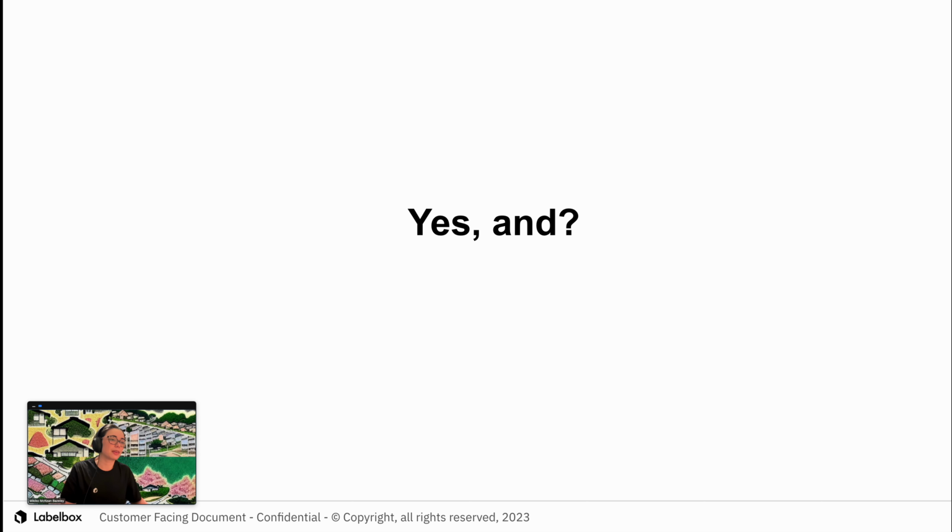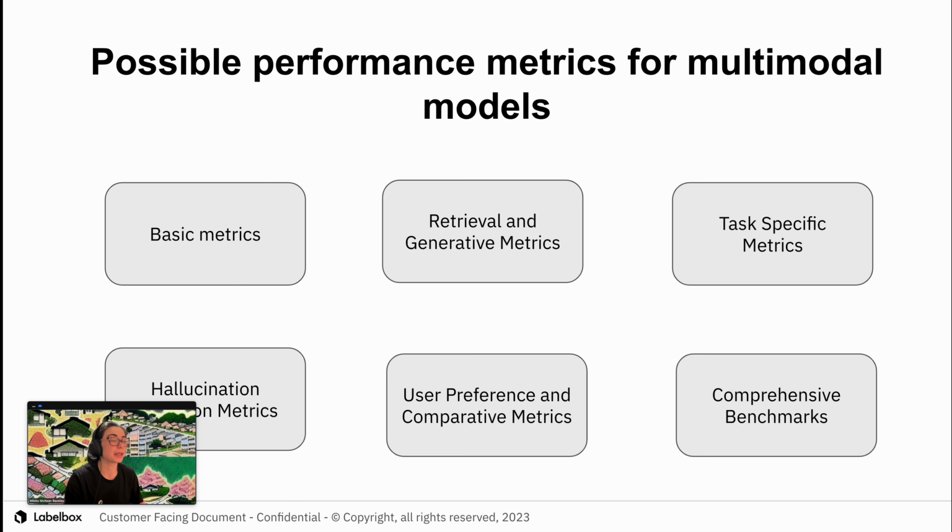So I hate to say it, but there's not one metric or set of metrics to rule them all. It really depends. But let's cover what metrics do exist for you to use. I've grouped them into a couple of different categories. First is your basic metrics. You have your retrieval and generative metrics.